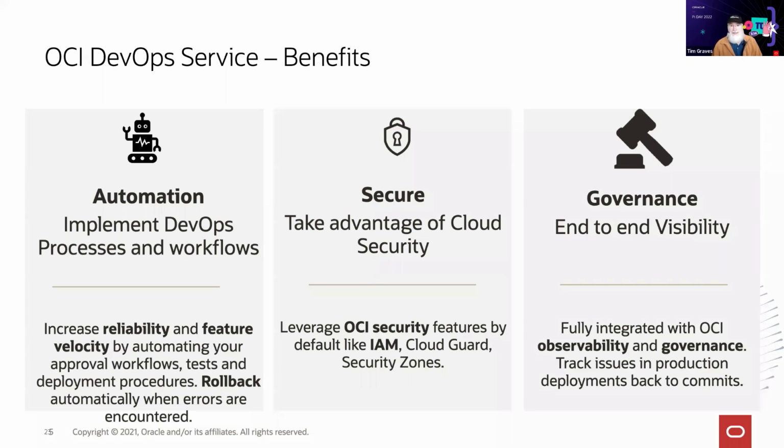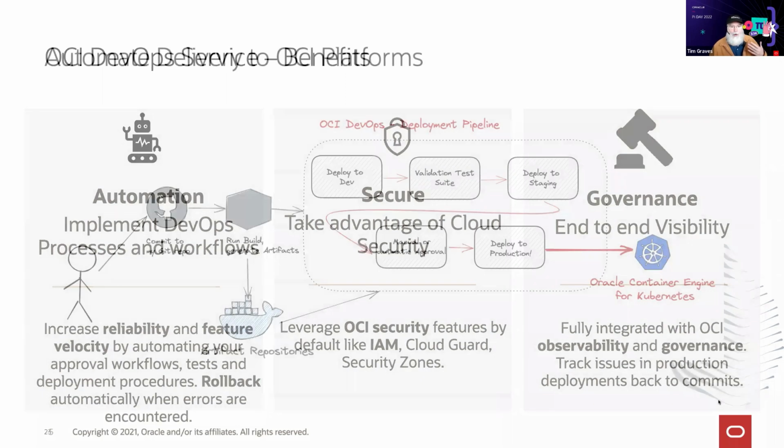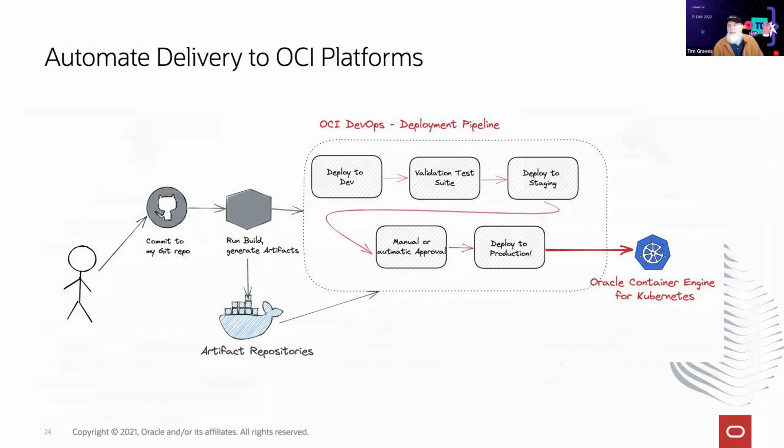So we've got things like vulnerability scanning that can check for security and so on. Coupled with the ability for the DevOps code to automatically roll back when errors are encountered, that means there's less chance of security problems, and it means that if there is a problem, it can get rolled back quickly. It also means that we've got a full governance stack here so that we can see what's going on within the entire environment.